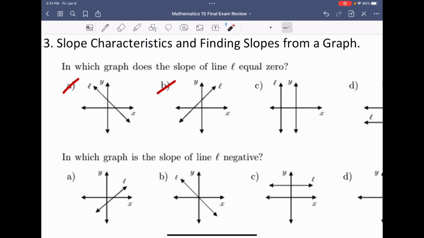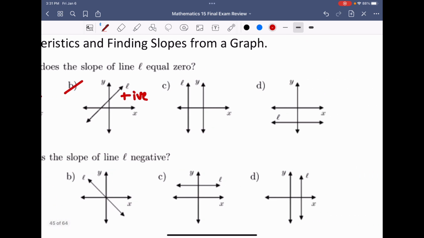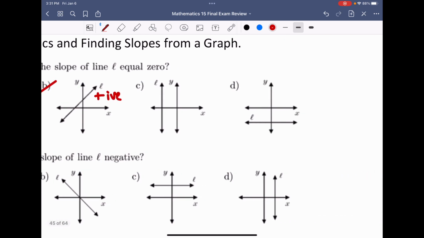Remember, in the ones that look like this and they decrease going left to right, this is considered to be a negative slope. The ones that increase in a left to right manner like this are a positive slope. So right away, cannot be A or B. Now we go to C or D. Remember, a vertical line, we actually just discussed, this is an undefined slope. Undefined because we end up dividing by 0.